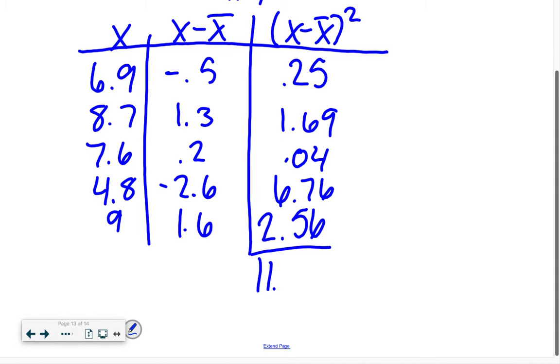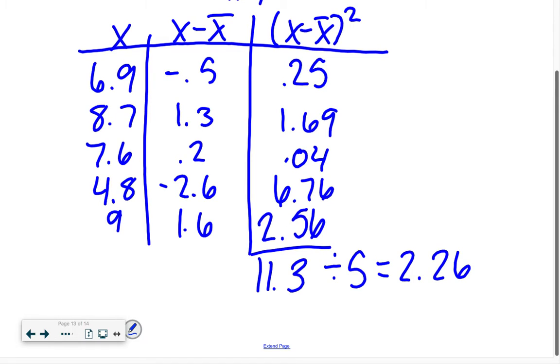We all getting that? Okay, what's next? Divide by the number of data. So find the average of this. Add them up. Divide by 1, 2, 3, 4, 5. And Allison says we get 2.26. Yeah, it's 2.6.